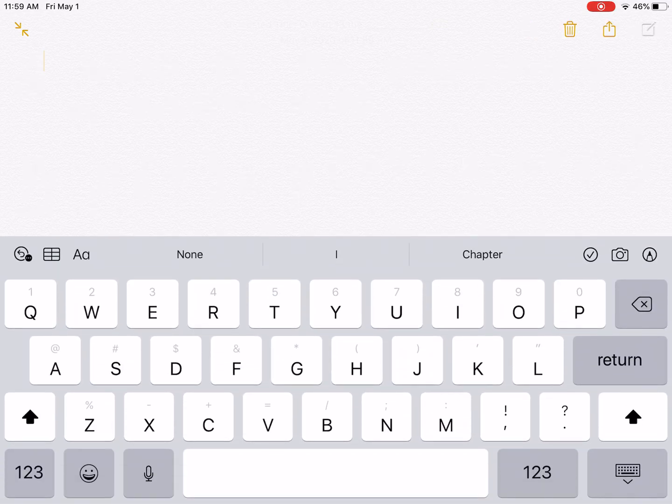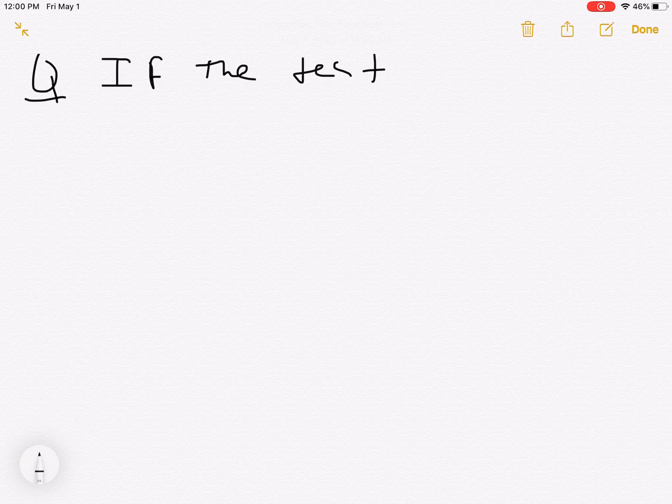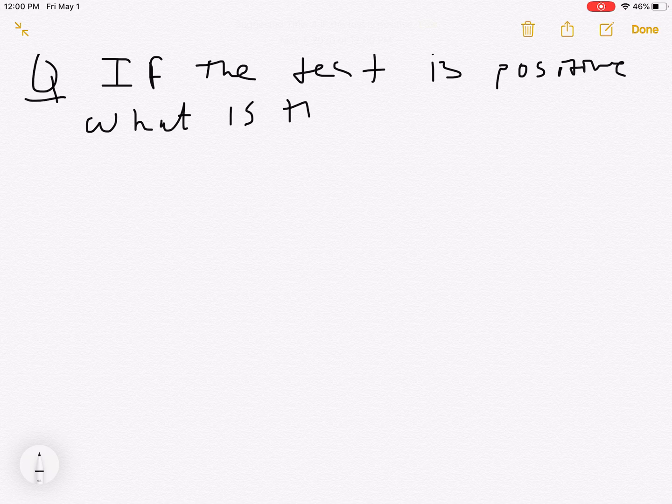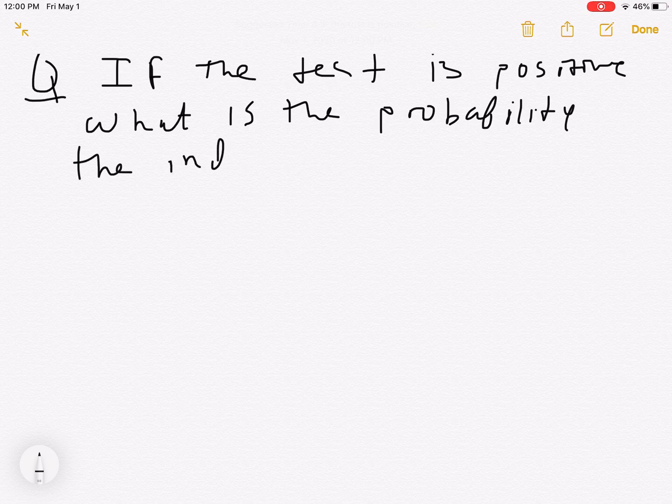Now, finally, I have one last question for you. This is an if. If the test is positive, what is the probability the individual in fact has the virus?